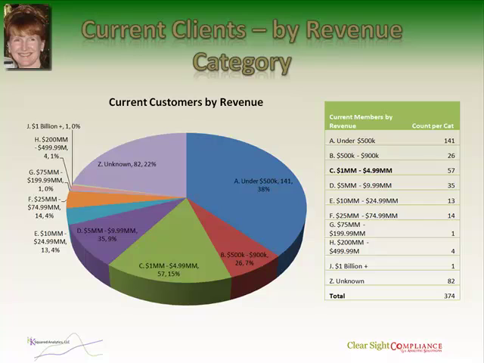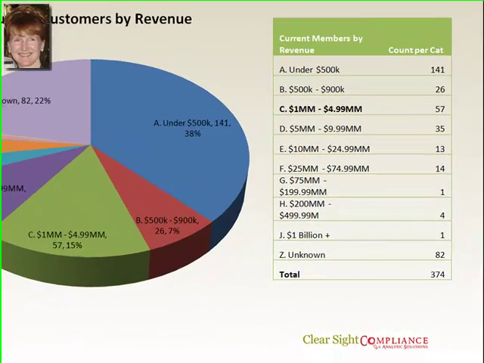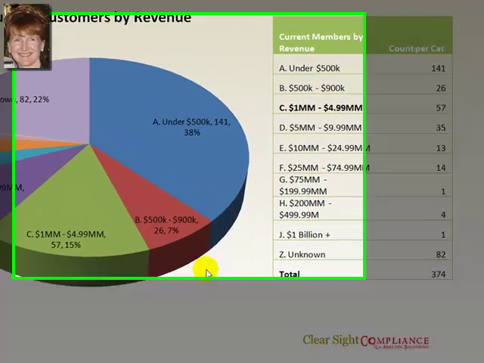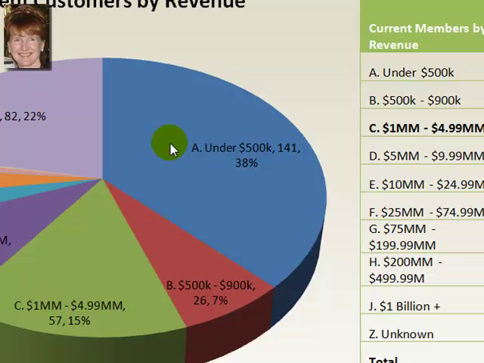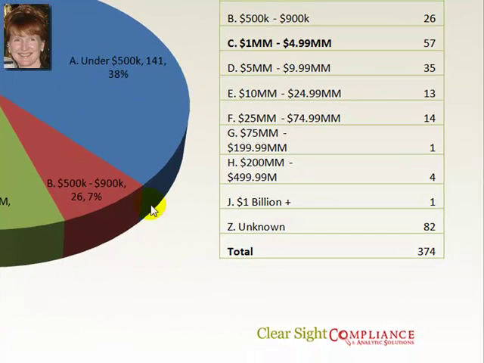Now, one step is looking just at your customer base and understanding what proportion of your clients, for example, have annual revenues of $500,000 a year or less. And this can be valuable to understand the composition of your own client base.